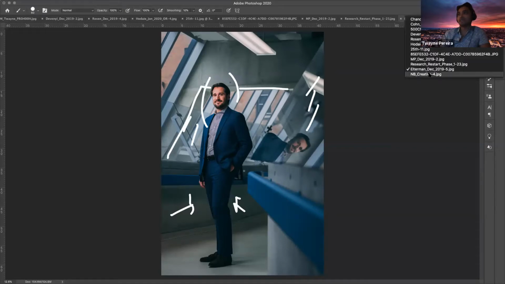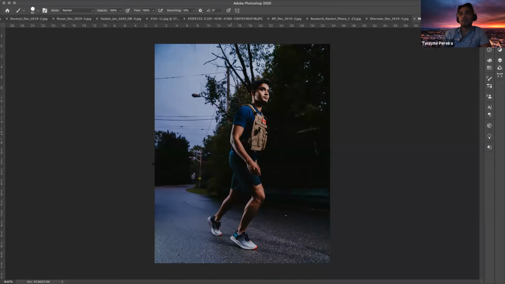I'll give you one more example outside of healthcare. So this is for an active brand for New Balance sneakers, right? And so I'm wearing shorts and an active top and my weight training vest. And it would be weird if I didn't have those things on and I was taking a portrait, you know, for these sneakers, showing off an active lifestyle.